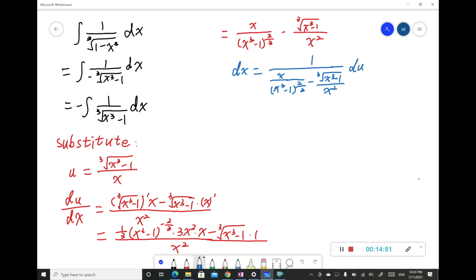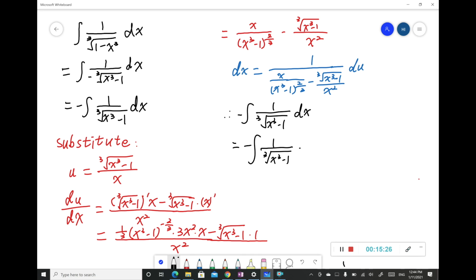Then we could substitute the du by dx. The function will keep it the same, cubic x.